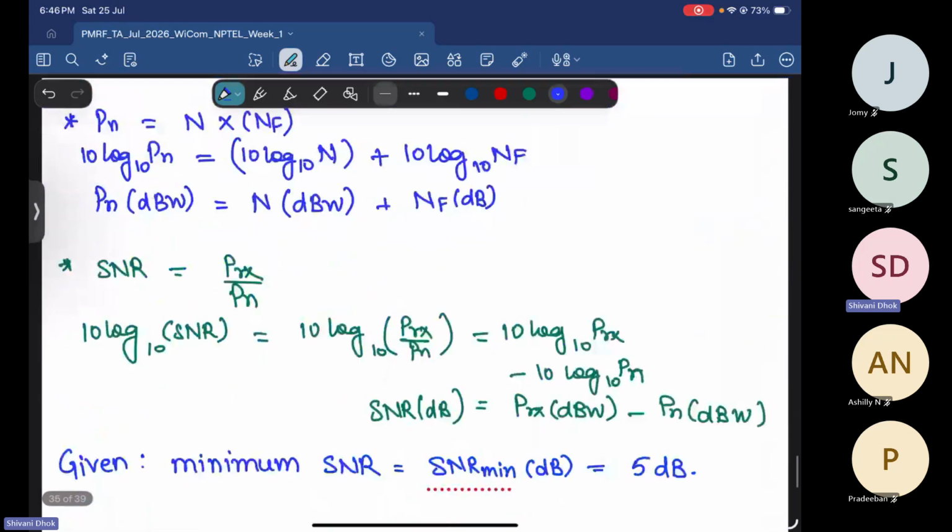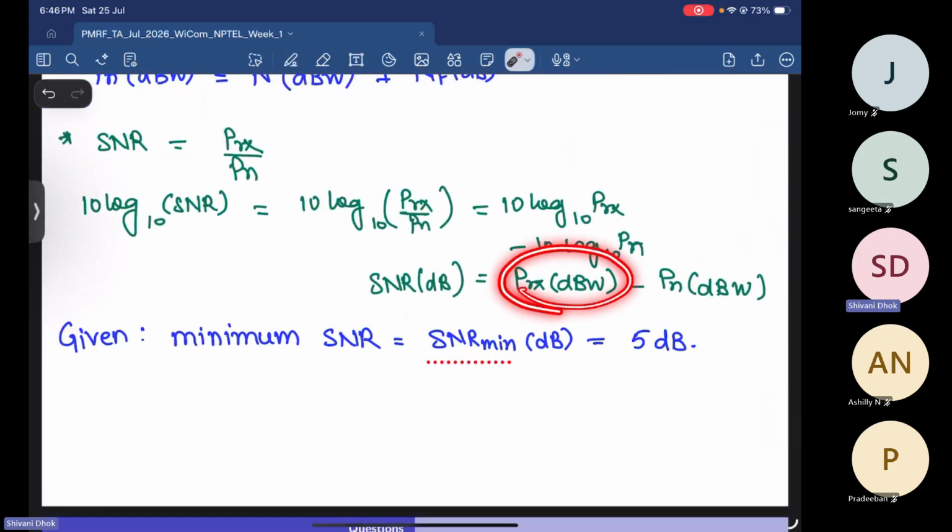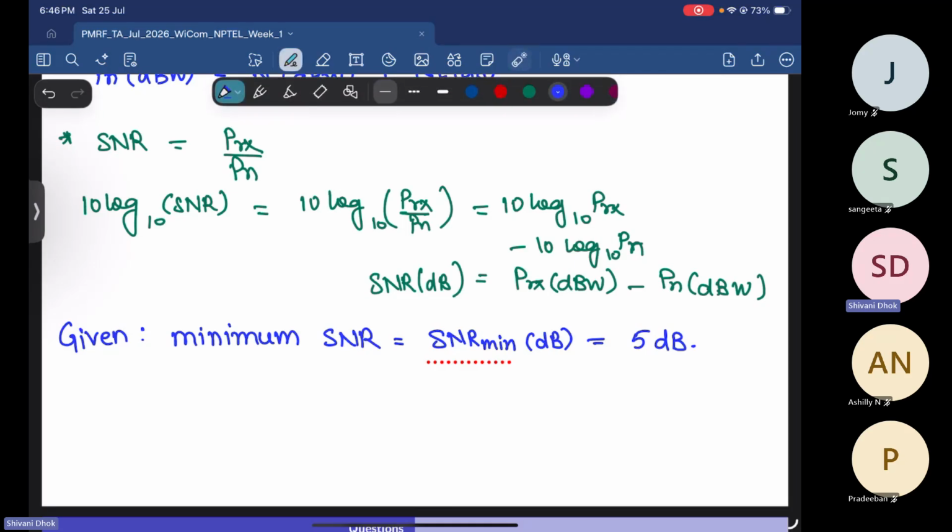So minimum receiver sensitivity, what does it mean? What is the minimum value of this PRX that your receiver can sense?